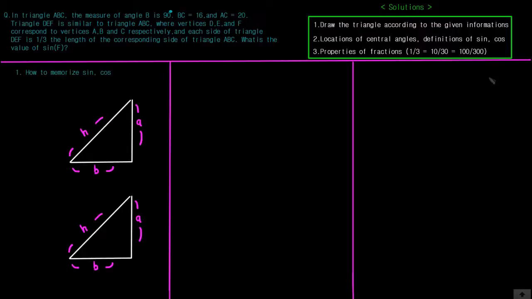Before we solve this question, let's think about how to memorize sine and cosine. The way to memorize them is by using their first initial letters: for cosine, we use C, and for sine, we use S. For cosine, C should always be near the central angle, which is right over here.